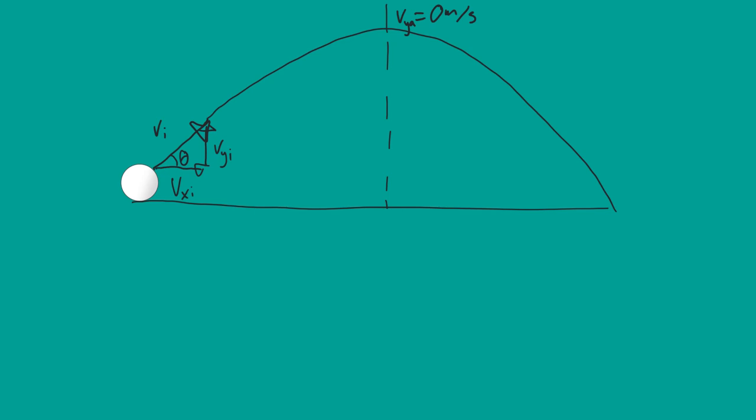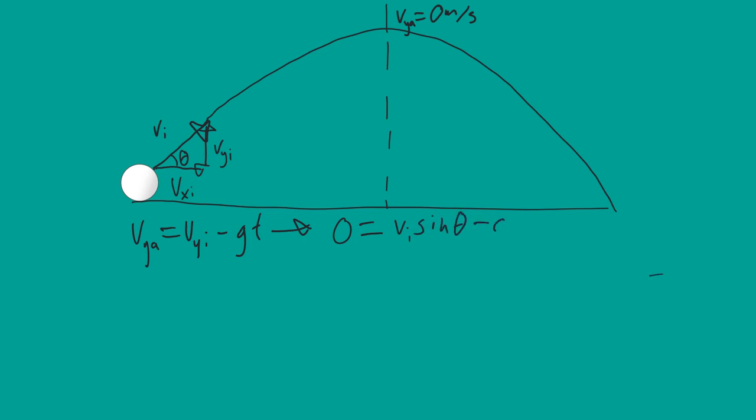So if we want to find the time to the apex, which is helpful, we know that the velocity y at the apex is equal to the initial velocity in the y minus the acceleration of gravity times time. We know that the velocity at the apex is 0. And we know that Vyi is on the opposite side of the angle, so we can use Vi sine of theta using our trigonometry here.